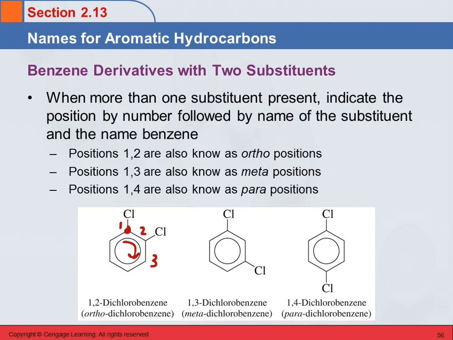So we don't want to do that. So that's 1,2-dichlorobenzene. Again, this prefix di is in there because we've got two chlorines. This one in the middle is 1,3, and this one is 1,4. Those are the three possibilities, the three isomers with two chlorines. Because if we put the chlorine over here, then we've got this guy again.